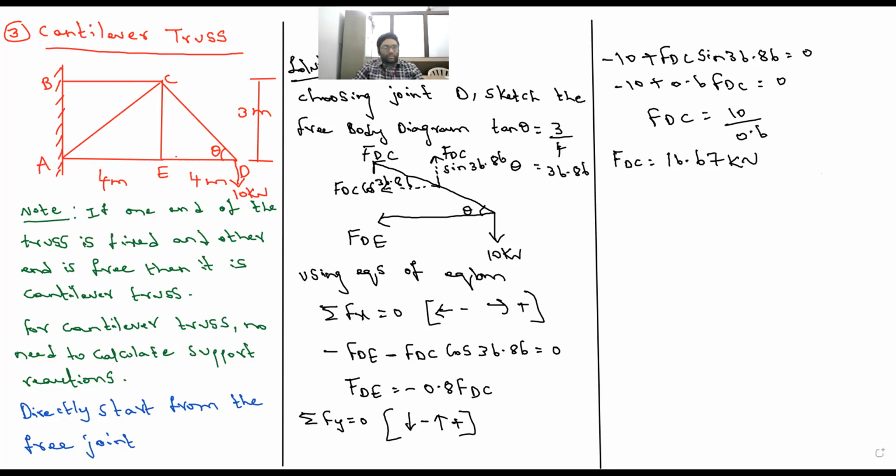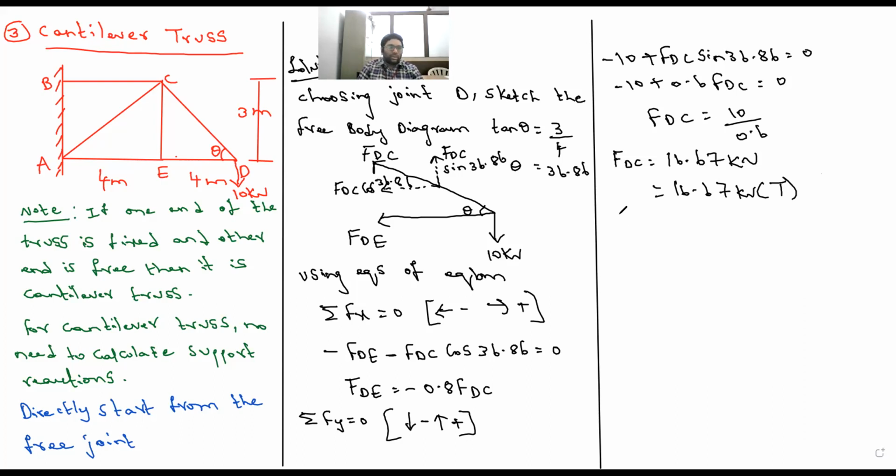Tension or compression? That's what you need to say. Tension. FDC is equal to 16.67 kilonewton tension.